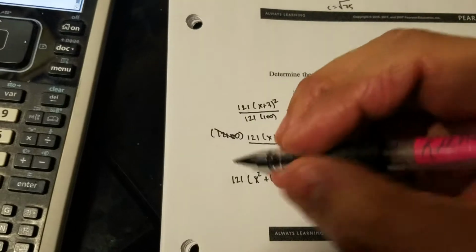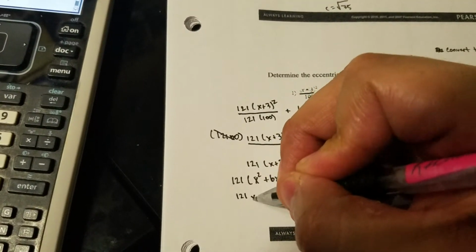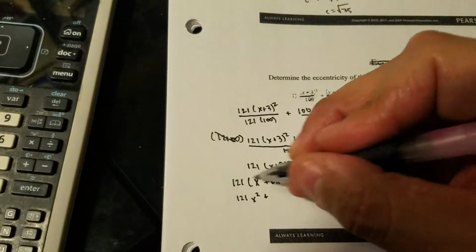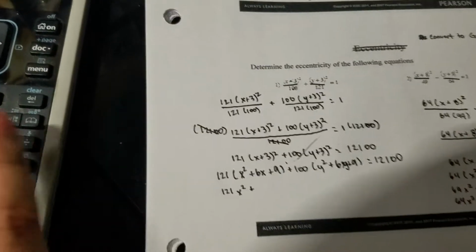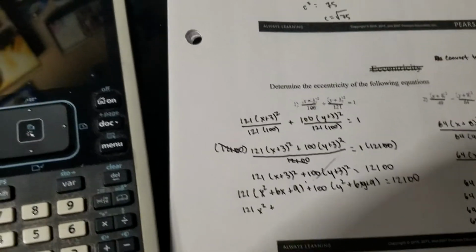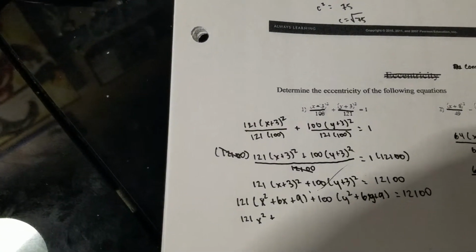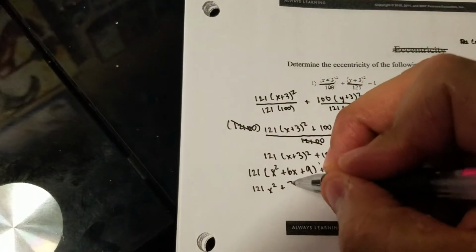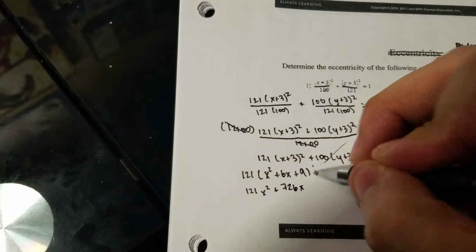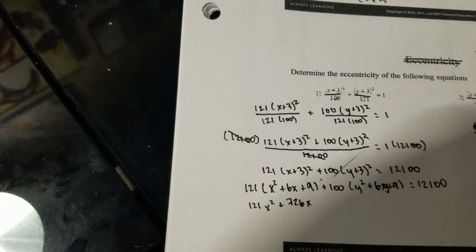And when I distribute, this is 121 x squared plus 121 times 6. That's going to be a big number. We'll find out what it is right now. So 121 times 6, 726. 121 times 9.